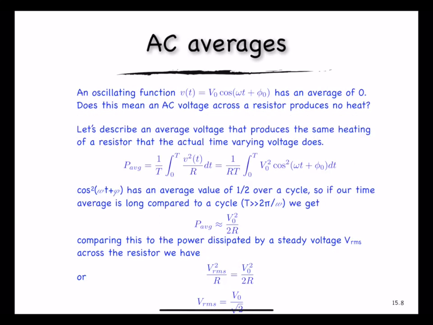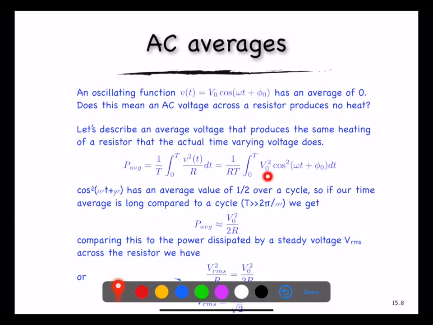So if we try to take the average of a time varying function, because it's oscillating around a value of 0, the average is going to be 0. So it's not helpful to talk about the average of time varying quantities in terms of what effect they have on a circuit. But if we put an alternating voltage source across a resistor, just because the average voltage is 0, it doesn't mean that the resistor is not going to dissipate any energy as heat.